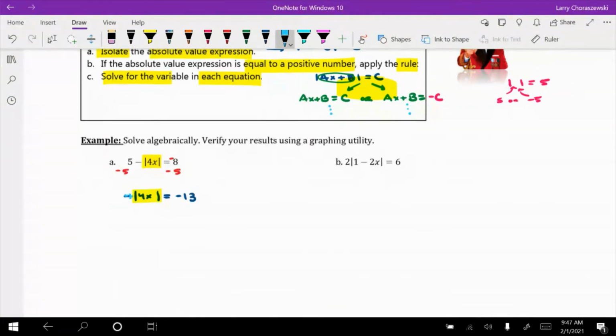Yeah, exactly. So we can undo multiplication by -1 by dividing each side by -1. That will make the sign in front of the absolute values positive, and on the right, -13 over -1 gives us +13. So the absolute value expression is isolated, nothing in front anymore, nothing behind, and the number on the right is a positive number.